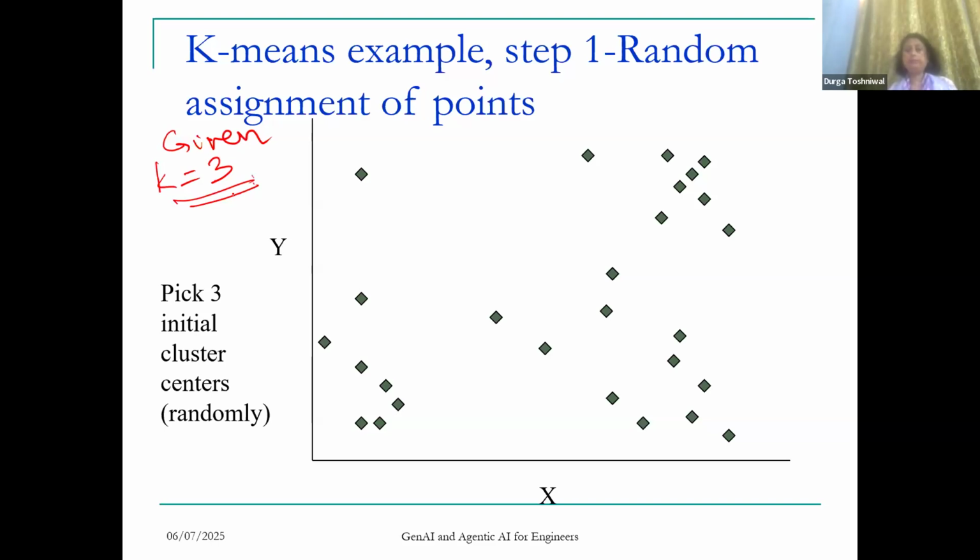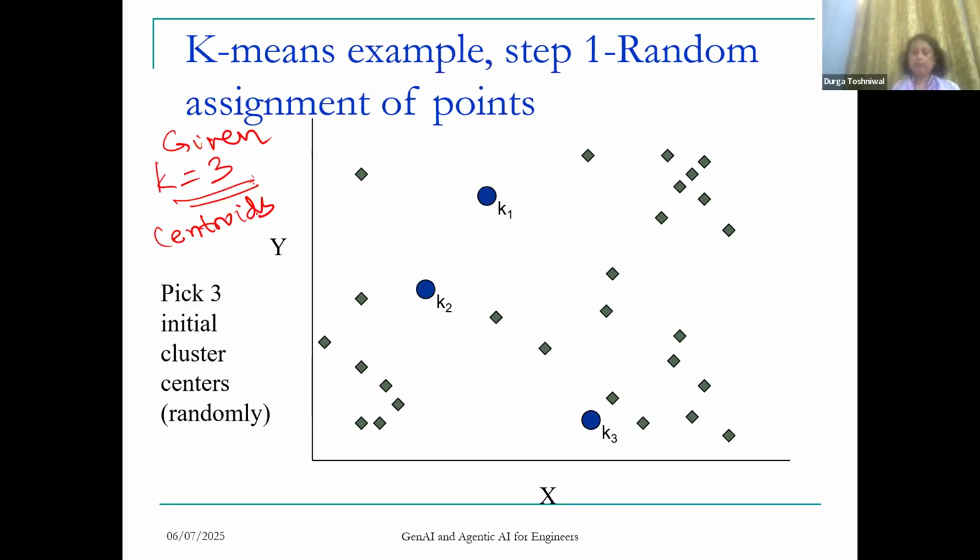So the first step is that we have to randomly choose 3 cluster centers, which are also called centroids. And then randomly assign the points to these cluster centers. So we are going to exactly do that.